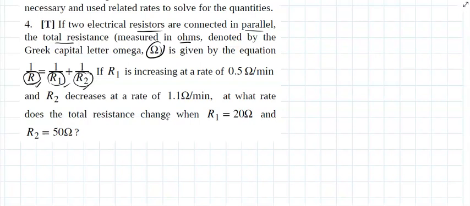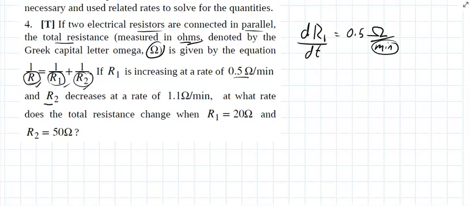If resistor 1 is increasing at a rate of 0.5 ohms, that's what the measure of the resistors is, ohms, per minute, so this is a change in R1 with respect to time.